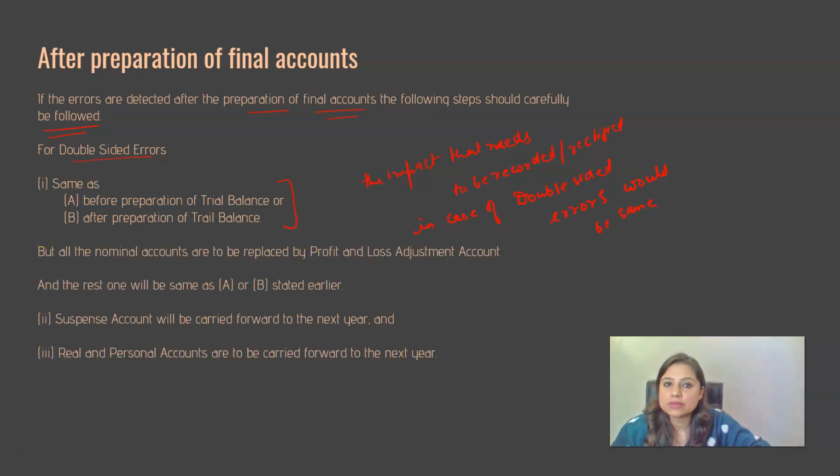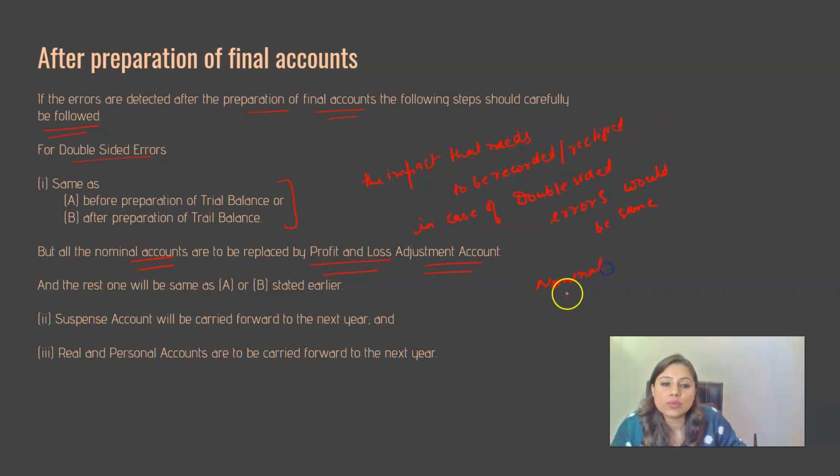However, there is an adjustment that needs to be kept in mind while we are rectifying the entries after preparation of final accounts, which is that all the nominal accounts are to be replaced by the profit and loss adjustment account. So if the rectifying entries involve nominal accounts, what are the nominal accounts?